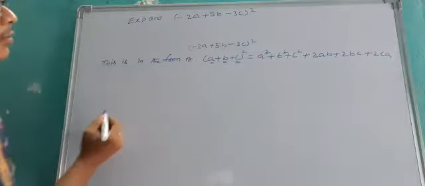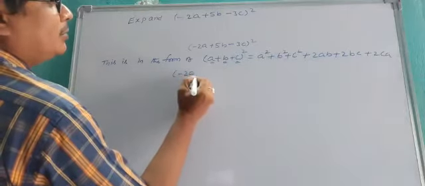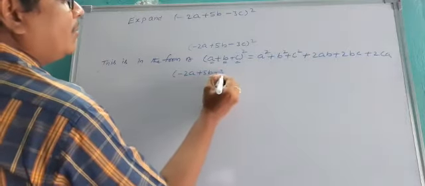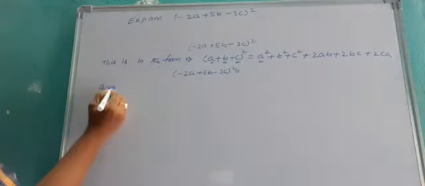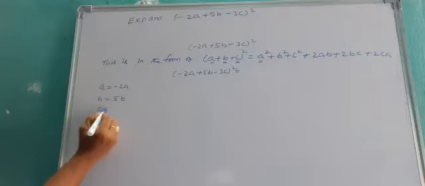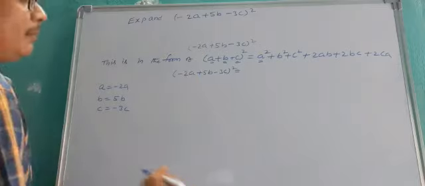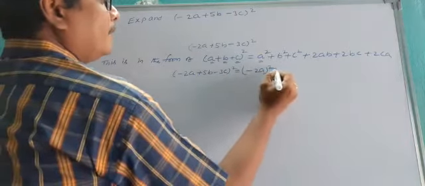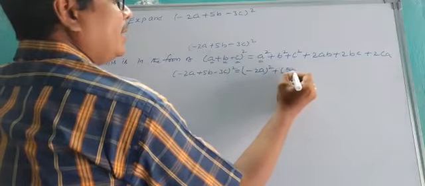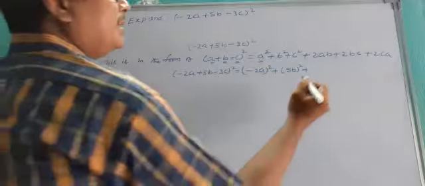Here a equal to minus 2a, b equal to 5b, and c equal to minus 3c. Substitute them. a means (minus 2a) whole square, plus b means (5b) whole square, plus c equal to (minus 3c) whole square.